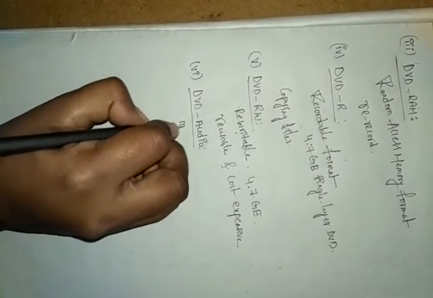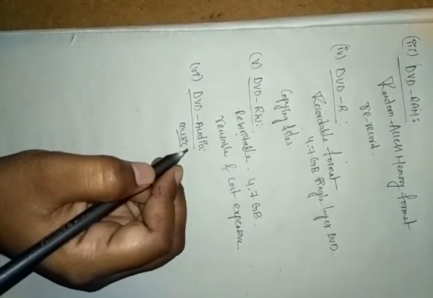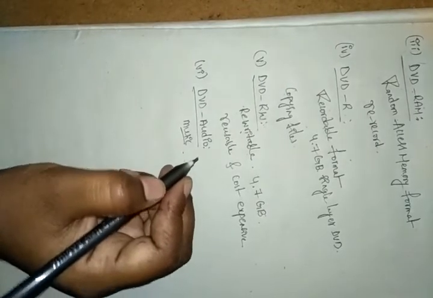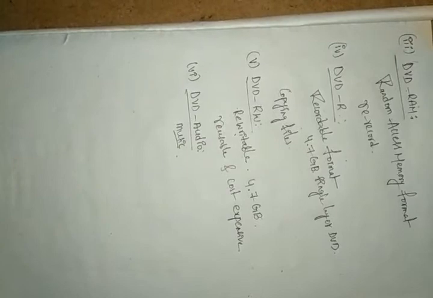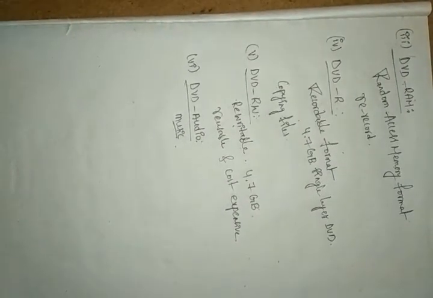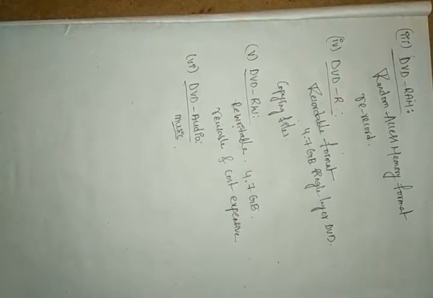So this is only for listening to music, not for watching. So what do we have in the DVD? In total we have DVD video, DVD-ROM, DVD-RAM, DVD-R, DVD-RW, and DVD audio.